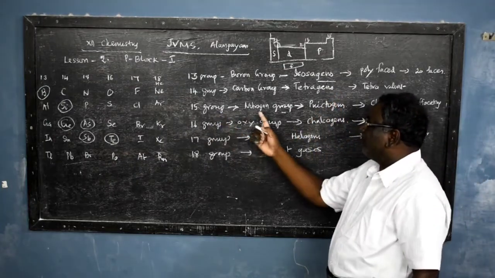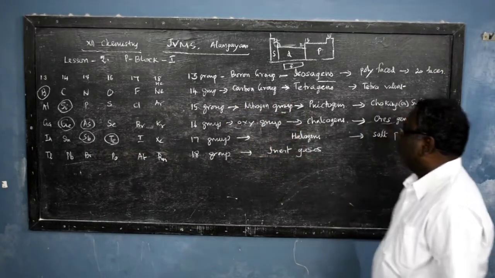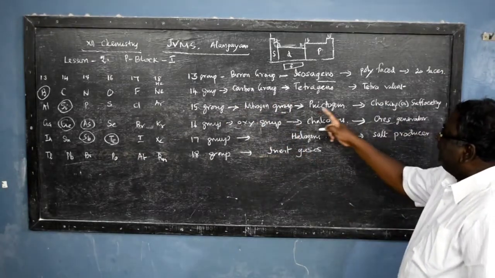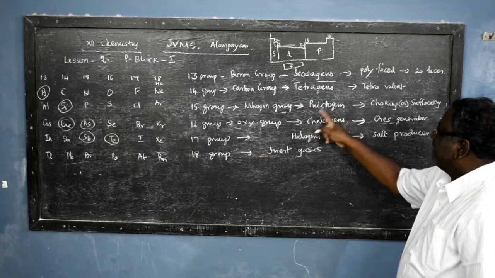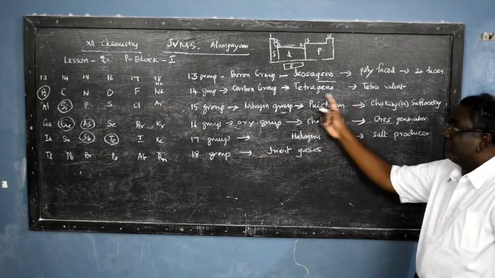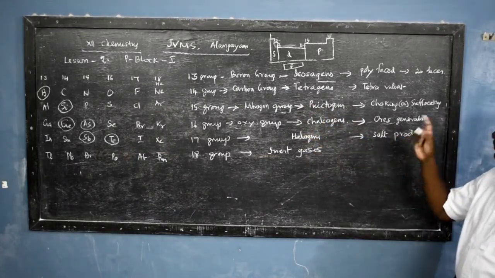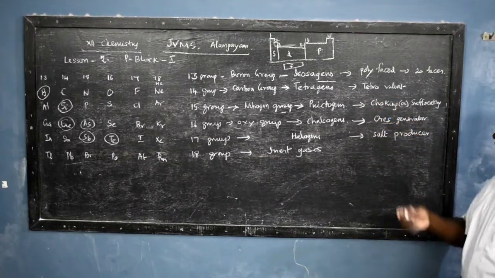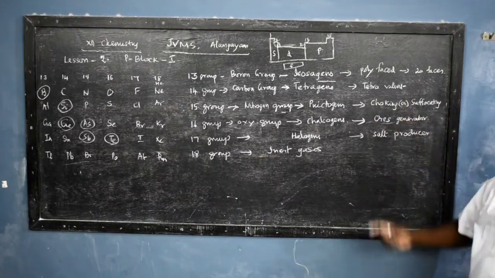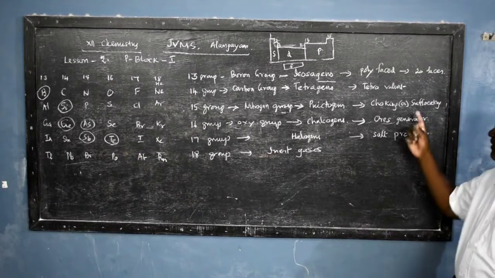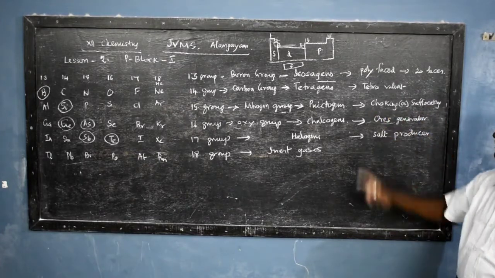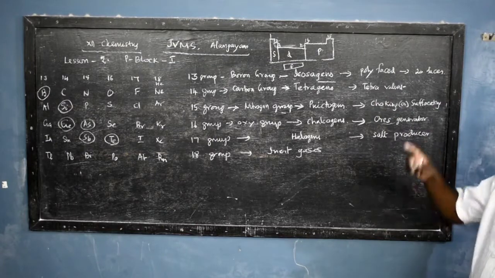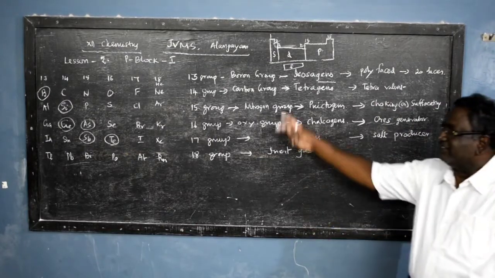The 15th group of elements are nitrogen group, right? It is called pnictogen. So why are they called as pnictogens? Because they produce the gases which make us choke, suffocate in our life, right? So suffocation and choking gases are produced by these particular elements, particularly nitrogen, right?